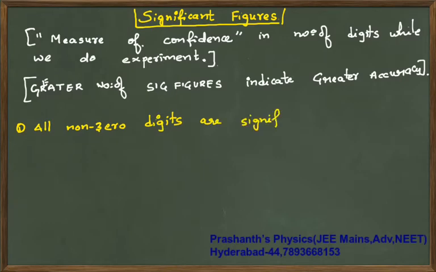So 4 is significant, 2 is significant and 3 is significant. So that is your first rule.